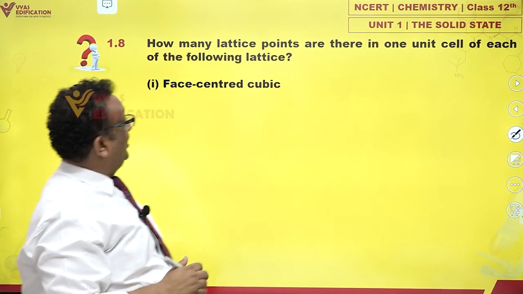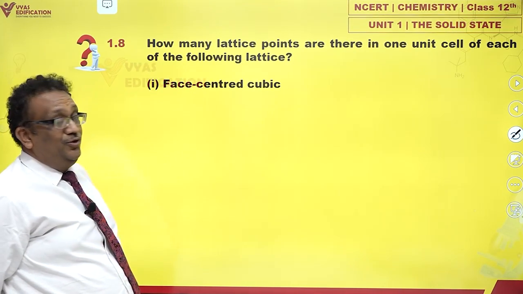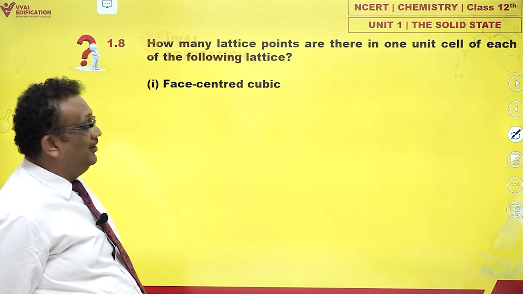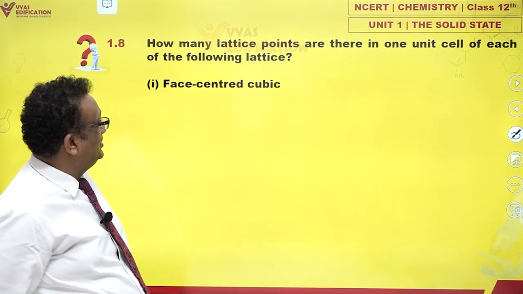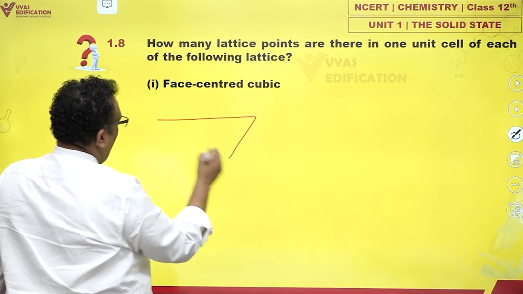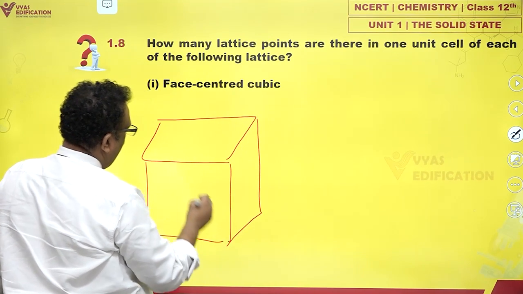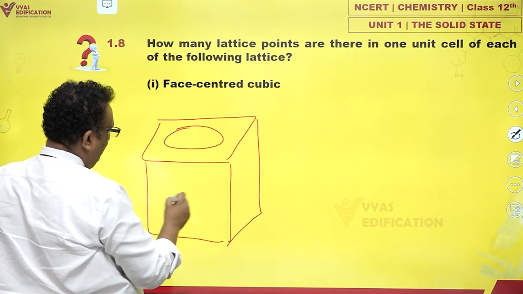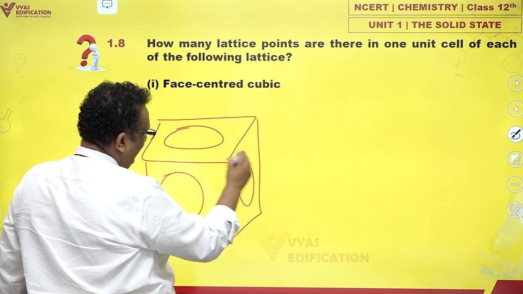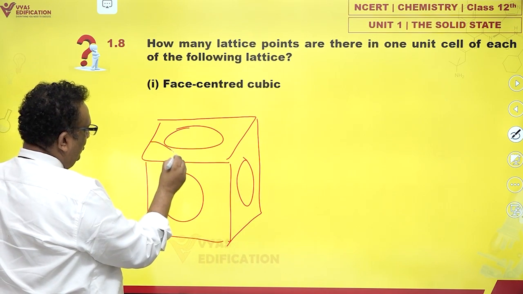How many lattice points are there in one unit cell of each of the following? Face-centered lattice. Yeah, face-centered cubic. Now, if you have a face-centered cubic structure, just take a look. What does that mean? Well, you have particles on the face, yes, and you have particles here.